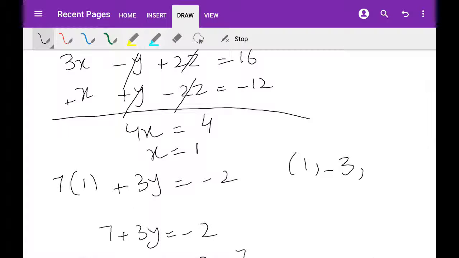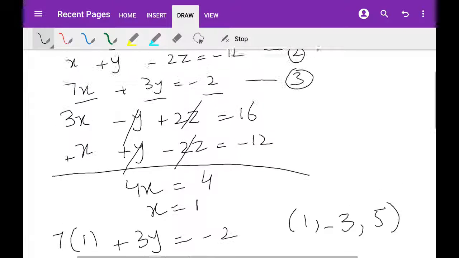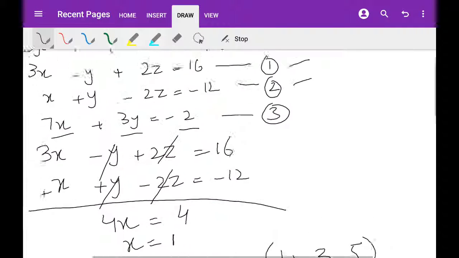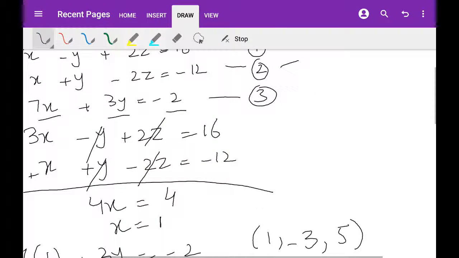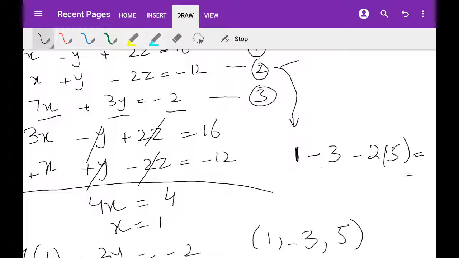Now, in order to check if your answer is correct, what you can do is simply plug in these three values in one of these equations and then just compare what you get on the right hand side. Is it equal to the right hand side or not? So let's try to check it with equation number 2. Since x is equals to 1, y is negative 3, and negative 2z, z is 5, equals negative 12.